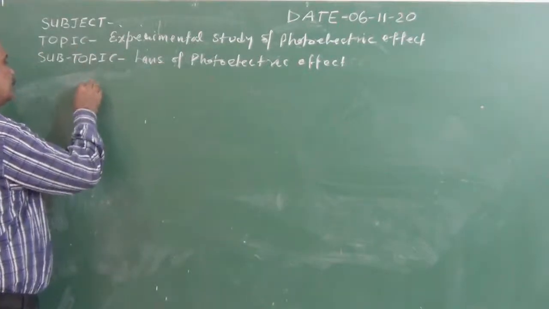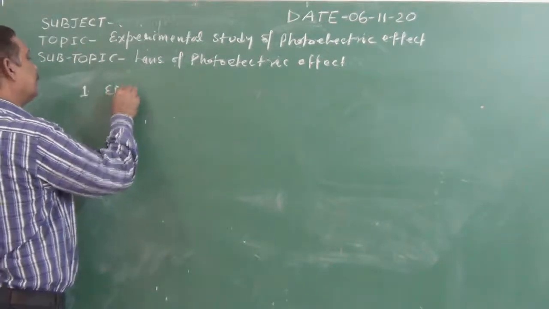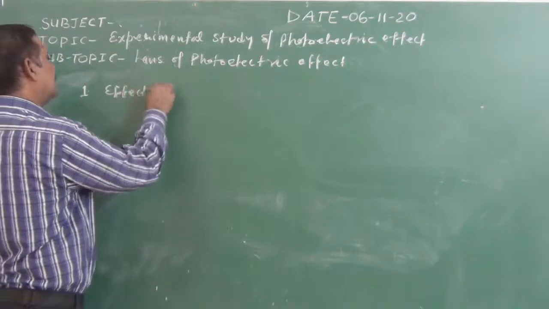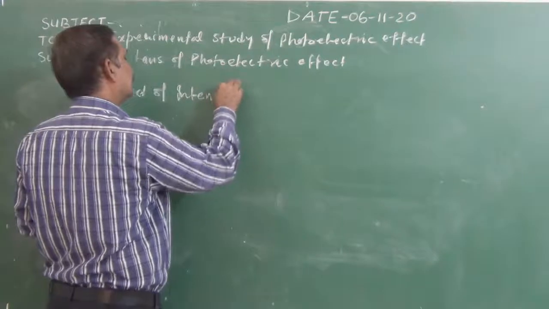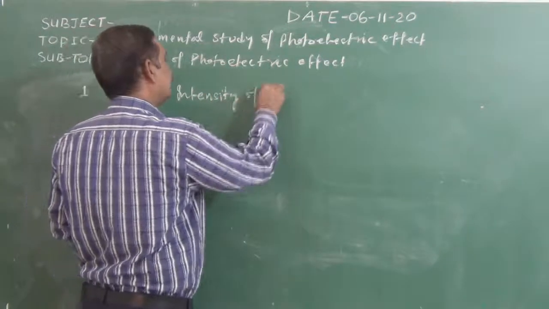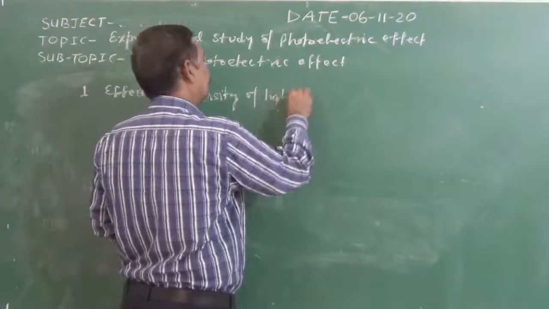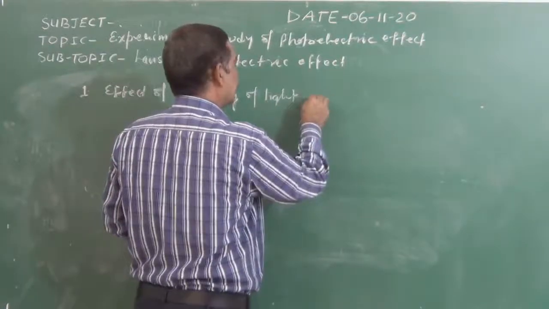First point, effect of intensity of light on photocurrent.